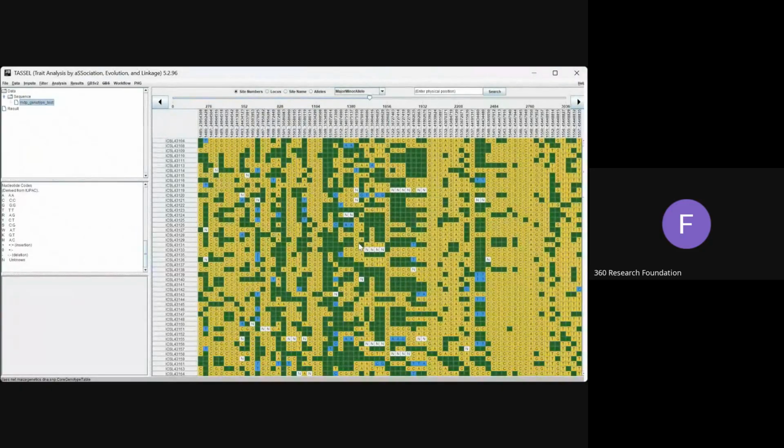This HapMap file is extracted by following one procedure, that is GBS, genotyping by sequencing. If you have gone through the PDF I have shared, you will find one procedure of genotyping by sequencing.